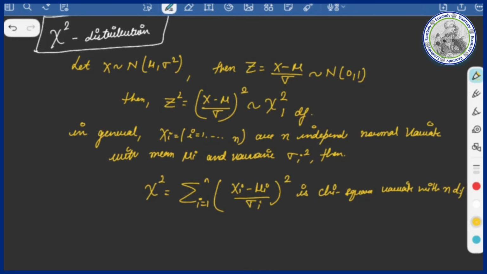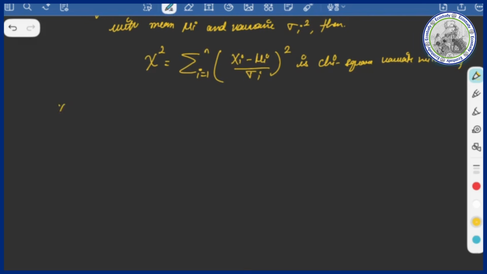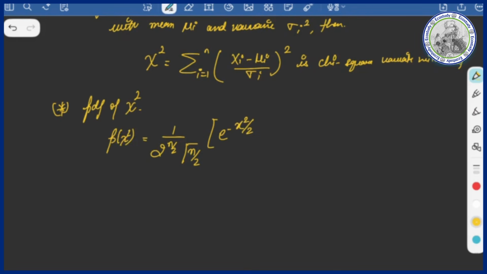Now I will show you the distribution of the chi-square. The PDF of the chi-square is 1 upon 2 to the power n by 2, and so on. You don't need to see the proof of the PDF of the chi-square because that is not very important; you just remember the PDF. e to the power minus chi-square by 2.